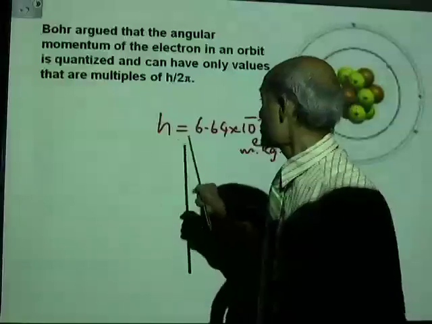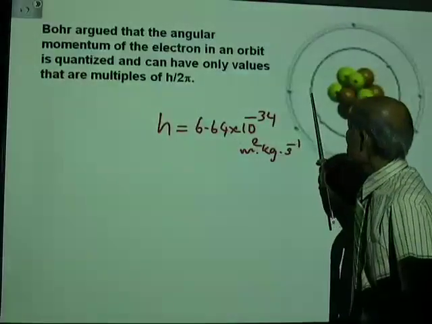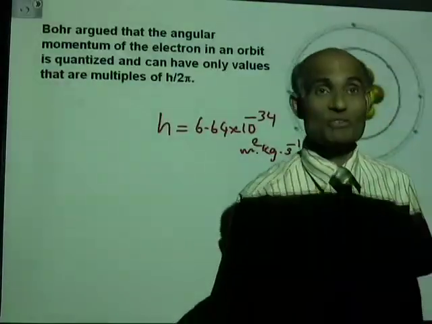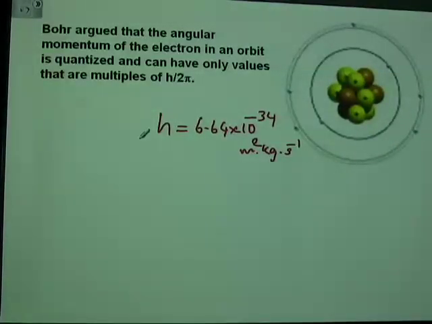Now, once we are familiar with this h, we will be able to write an expression for the energy difference between the two levels. For example, an electron moving from level 2 to level 1 will emit an energy that is given by E2 minus E1.